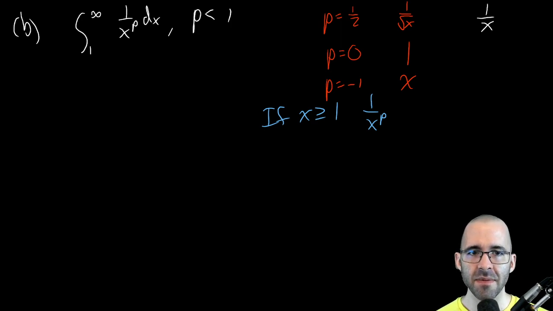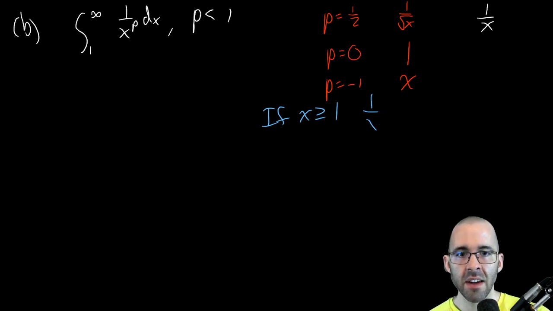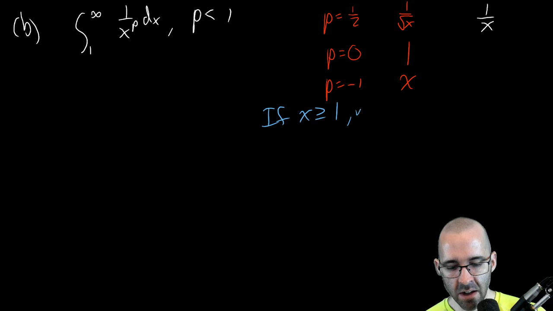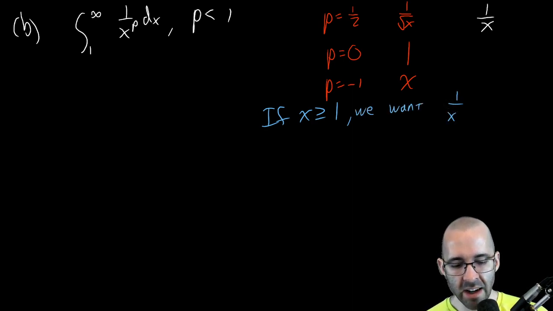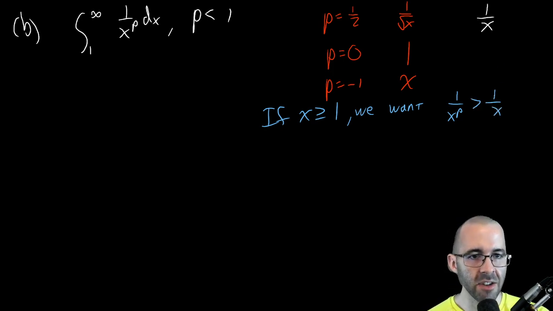There's got to be a good way of looking at it. Here's a smart way of approaching it, I think. We want 1 over x to the p to be bigger than 1 over x, because we know this diverges, so if it's bigger than something that diverges, we're good to go. But that's kind of hard to show.